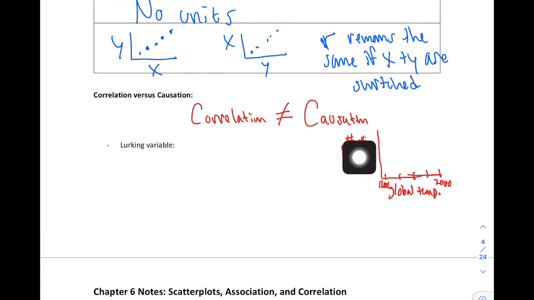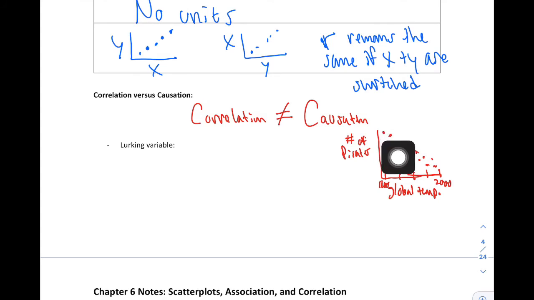So we know the temperature is increasing. One thing that has also happened as of late is that the number of pirates, like actual pirates, the ones that go arr, those guys, they've been decreasing since the 1600s. So they actually calculated some stats on this stuff, and they found a pretty strong linear relationship that looked like this.